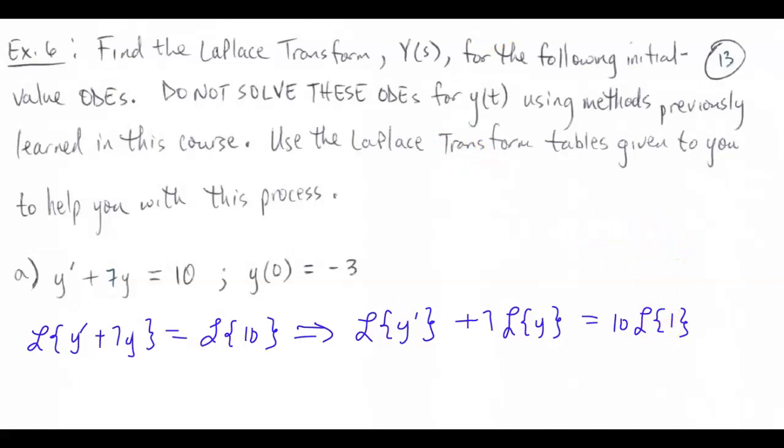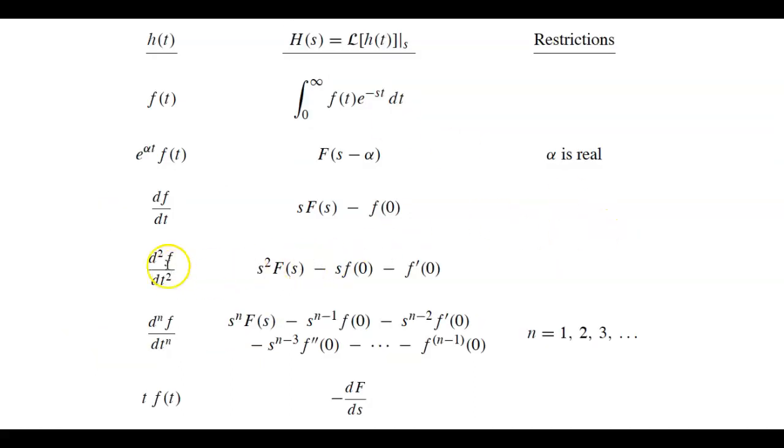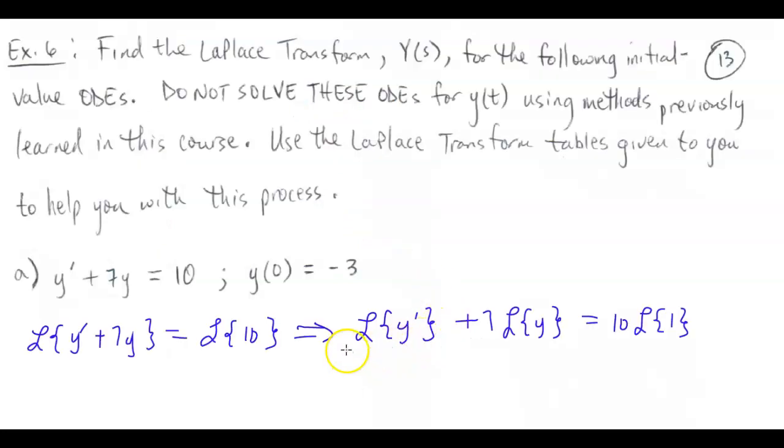So if we look here at our tables, we'll see that the Laplace transform of the first derivative of a function is just going to be s times the Laplace transform of the function, minus the function evaluated at 0. Okay. So for this first part here, this is just going to be s times big Y of s minus y of 0.